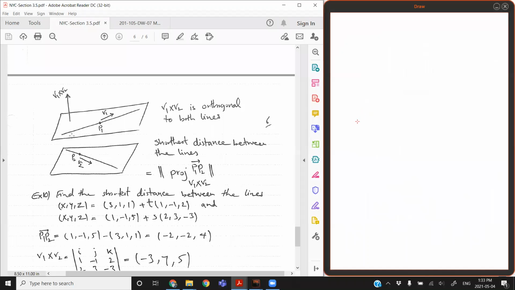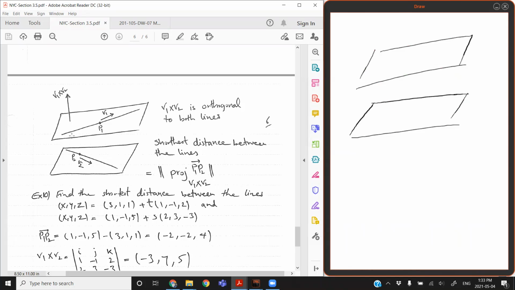So let me explain that here. Imagine you have these two planes that are parallel, and you have one line here, you have one line here. Let's say P1, P2. If you just draw a vector from P1 to P2, and think of a vector that is orthogonal to both planes, like this one. And for that, you can use V1 cross V2.